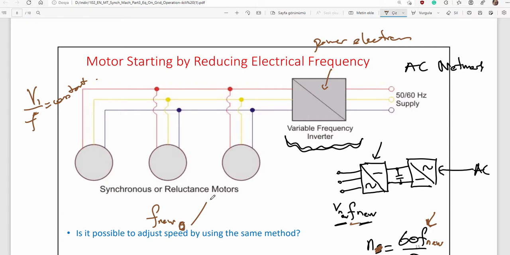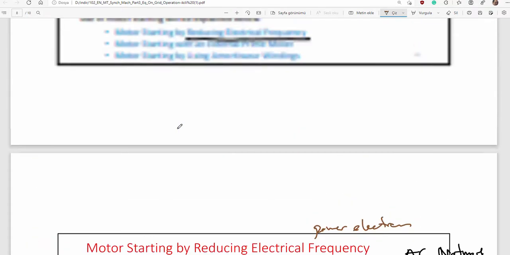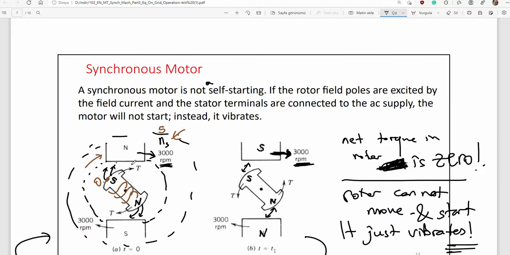You start from 0 and then up to rated, which is, for example, 50 Hz frequency, and then you lock and synchronize the system at a lower frequency, and when it is locked at the lower speed, it will then be started up to a higher speed by changing frequency appropriately.